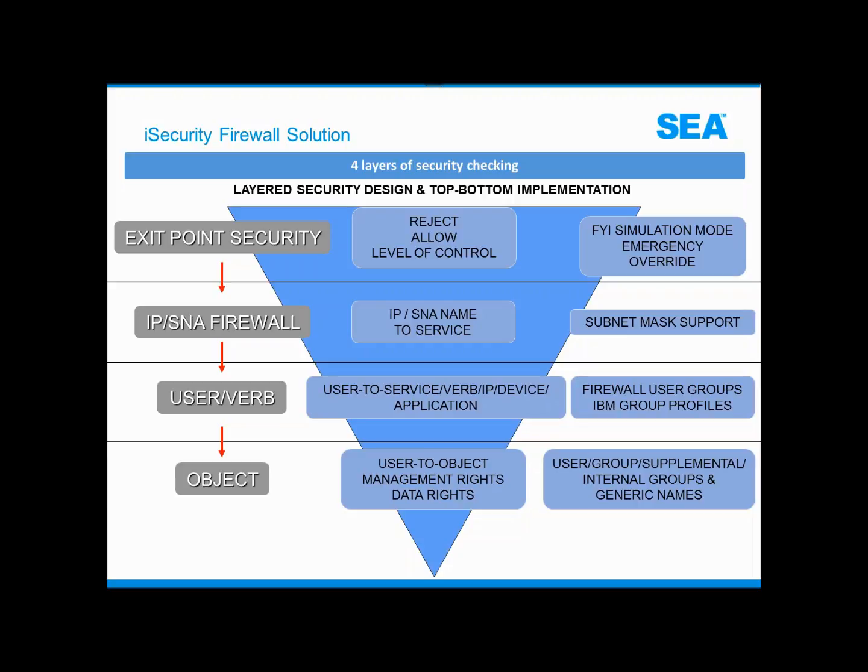You may want to say when they're using FTP or ODBC or SQL, I do not want them to access that object, only from a command line. So it's a very efficient way of handling the security checking from the exit point all the way down to the object and being able to control the access as needed.